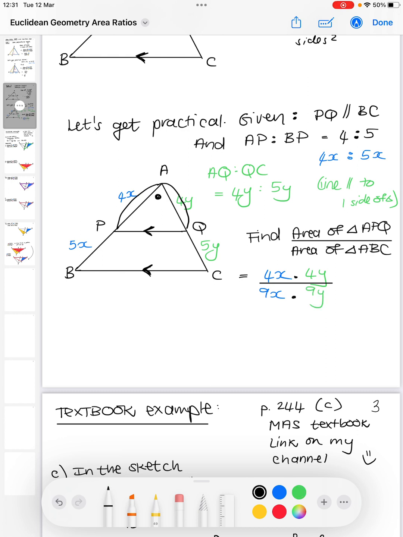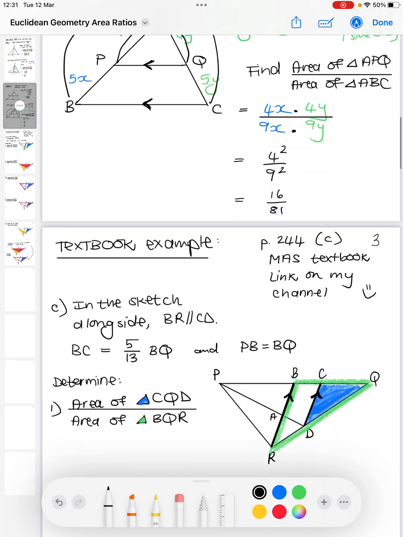So graphically, it's going to be AB, which is 9x because it's 4x plus 5x, times 9y because it's 4y plus 5y. Essentially what it boils down to is 4 squared over 9 squared, because the x's and y's will cancel, and that will give you 16 over 81.